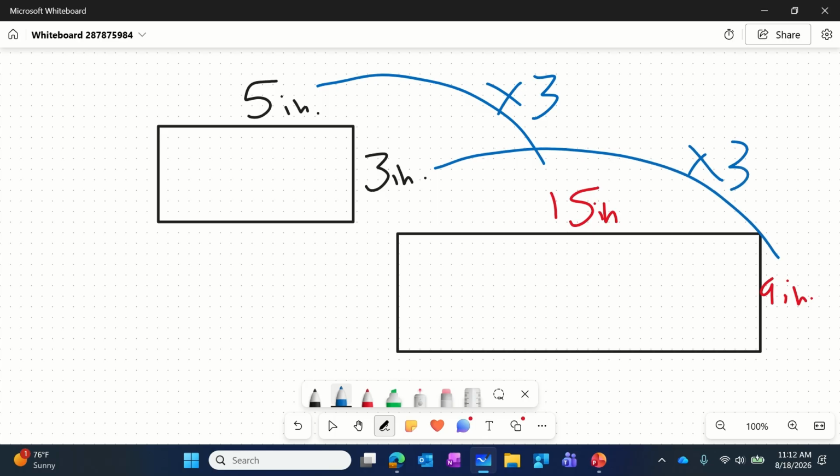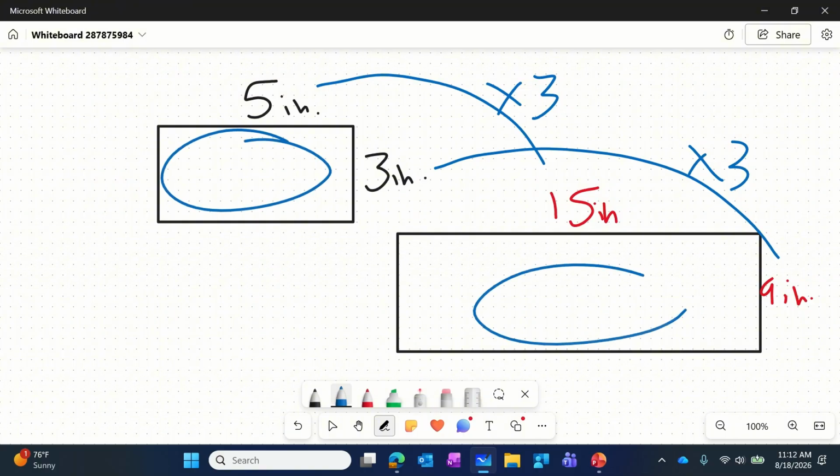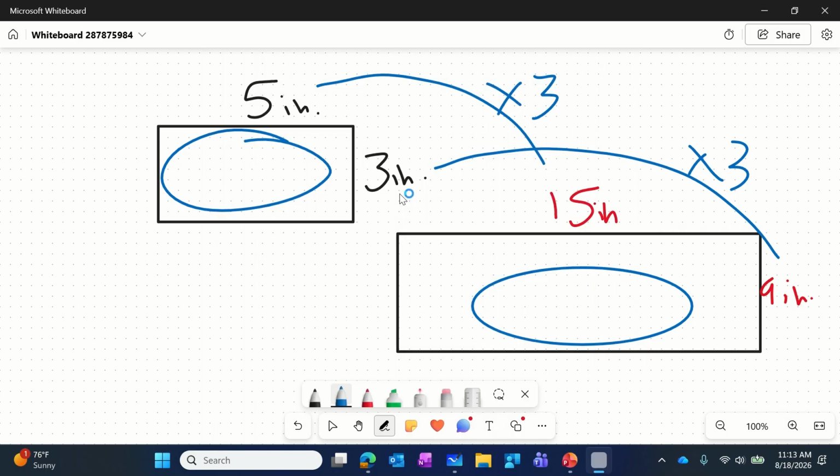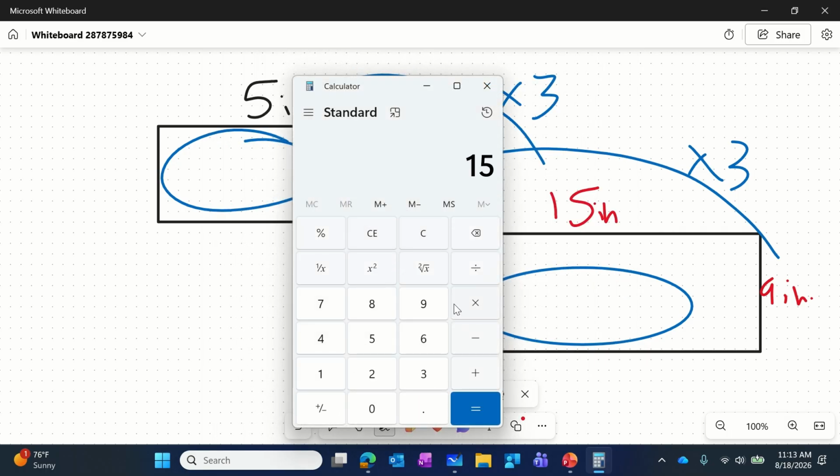That doesn't mean that this rectangle and this rectangle are 3 times bigger. Because what's 5 times 3, everybody? 15. What's 15 times 9? It's bigger than 15, right? What is 15 times 9? All right, let's calculate it. I think I got it. What is it? 135. Yep. Okay. Is 15 times 3 135?